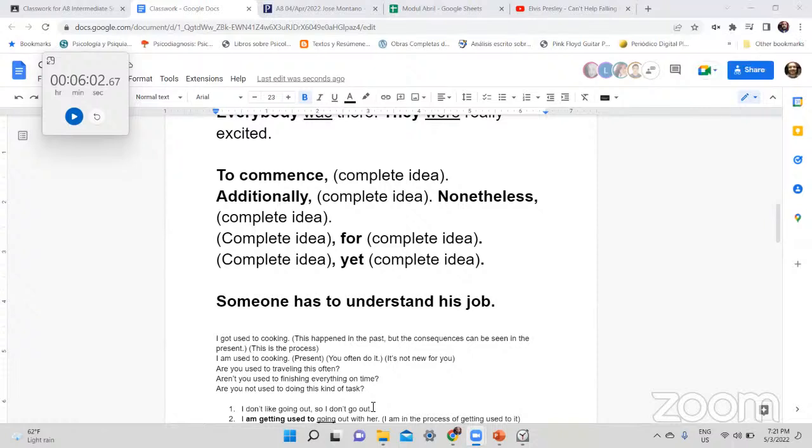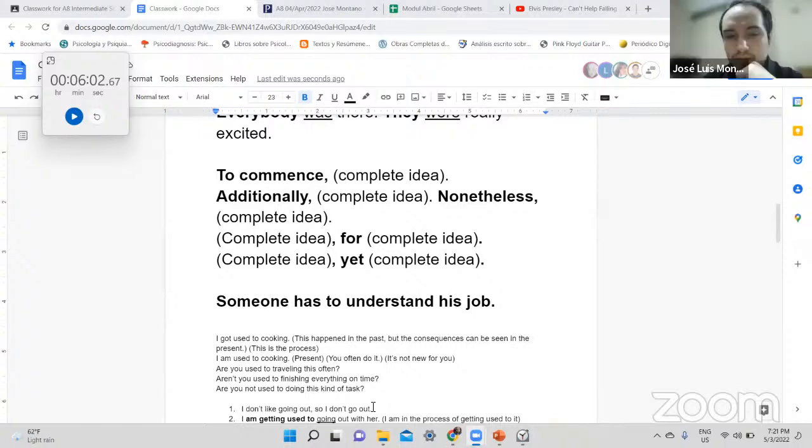I'm not sure. Someone has to. Someone is like alien. Has to understand. Yes, correct. It is "alguien." So there's the detail. How do you say "uno" instead of "alguien," Larissa?